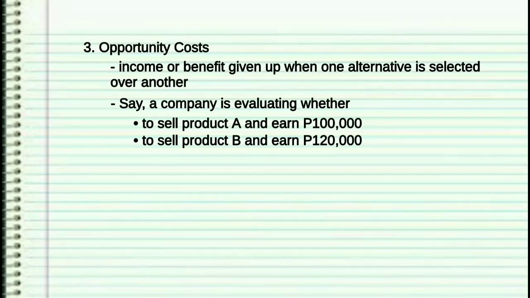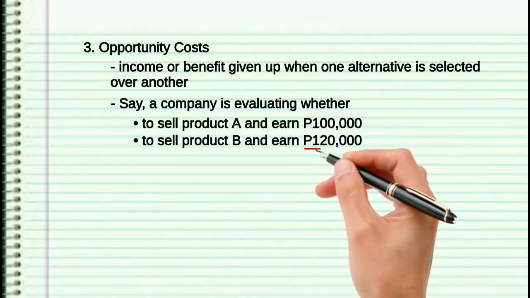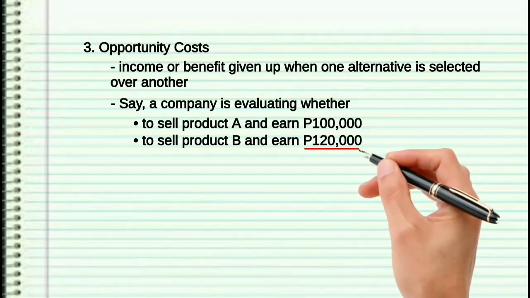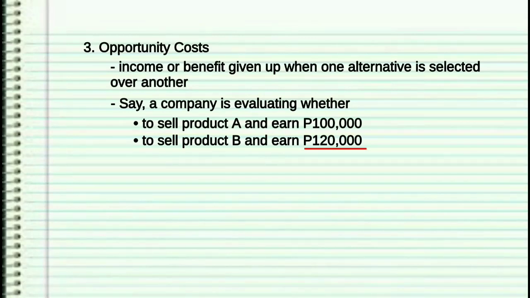Kung yung company nag-decide na ibenta yung product A, ang opportunity cost ay yung 120,000 pesos na hindi ma-earn ng company kasi nga hindi niya pinili na ibenta yung product B. Yun yung ibig sabihin ng opportunity cost.